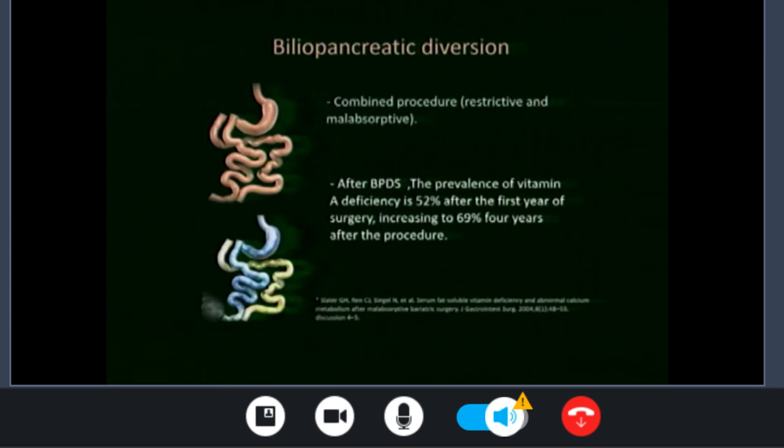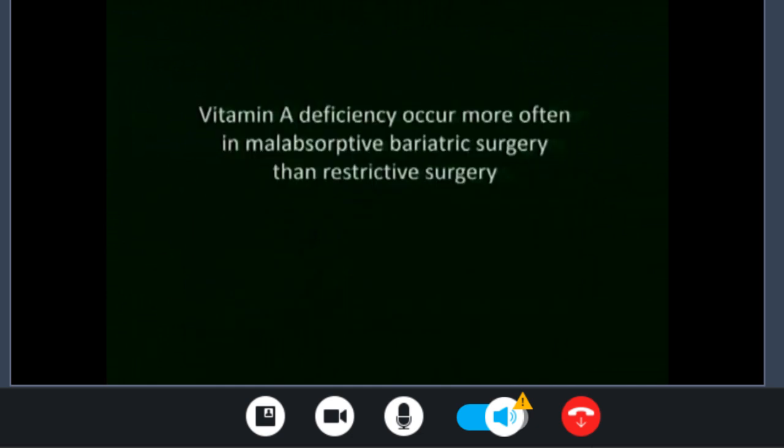So they bypass the duodenum, jejunum, and proximal part of the ileum. It is a more aggressive surgery. The prevalence of vitamin A deficiency after this surgery is 52% after the first year, increasing to 69% after 4 years. So in general, vitamin A deficiency occurs more often in malabsorptive bariatric surgery than restrictive surgery.